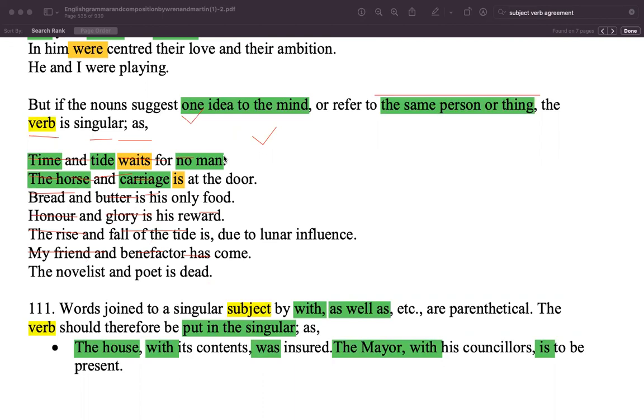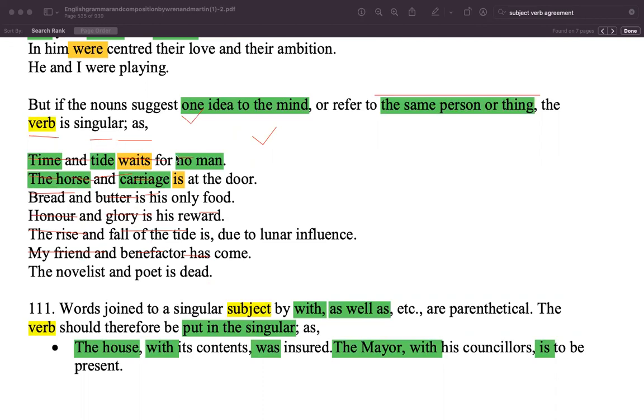So time and tide are completely two different elements. Similar to that, hearse and carriage are also two different elements. Bread and butter is also two different. Honor and glory are also two different qualities. Rise and fall are also two different, meaning a sequence.